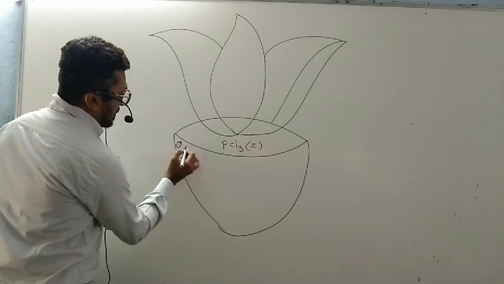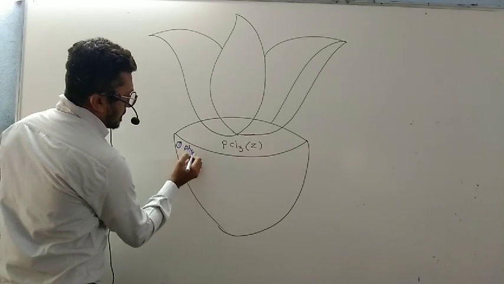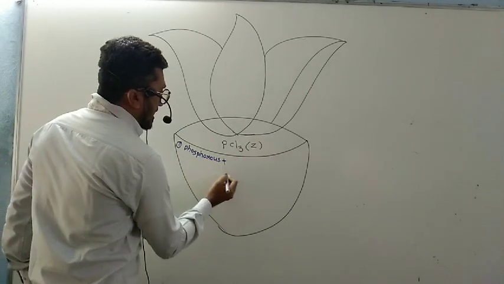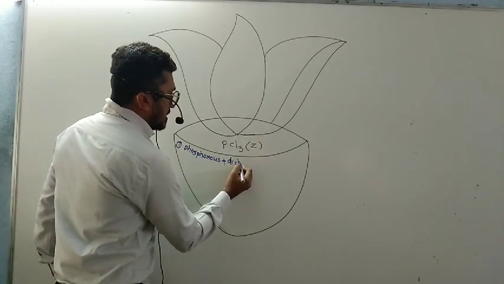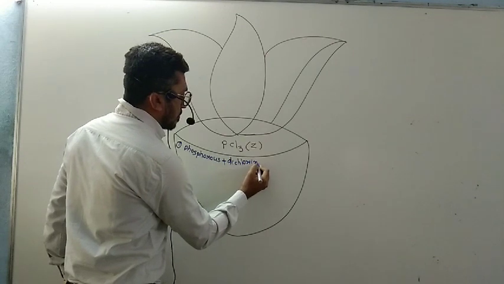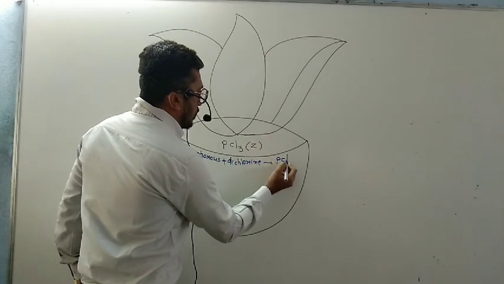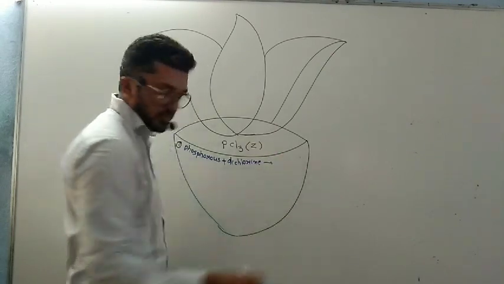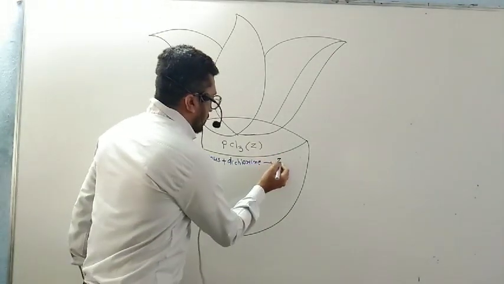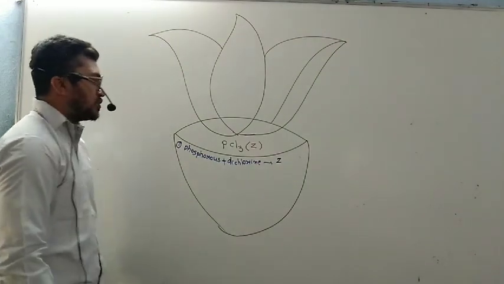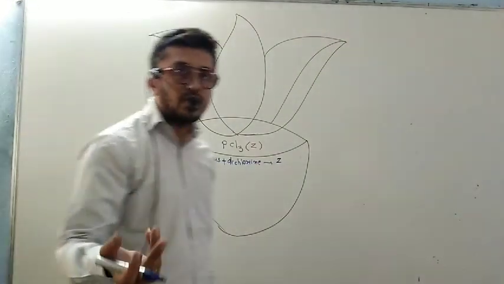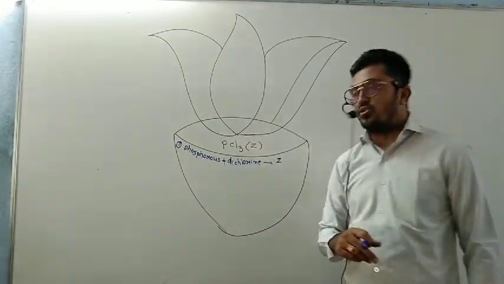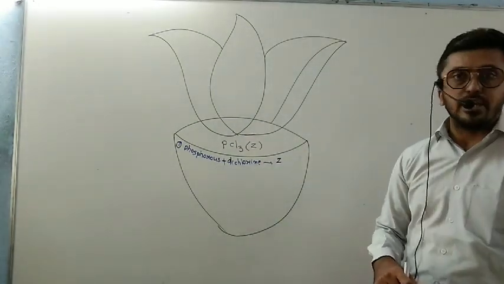So first preparation: phosphorus reacts with dichlorine and gives phosphorus trichloride, means Z. This is the first preparation of phosphorus trichloride. Very simple. White phosphorus reacts with dichlorine and gives us phosphorus trichloride.